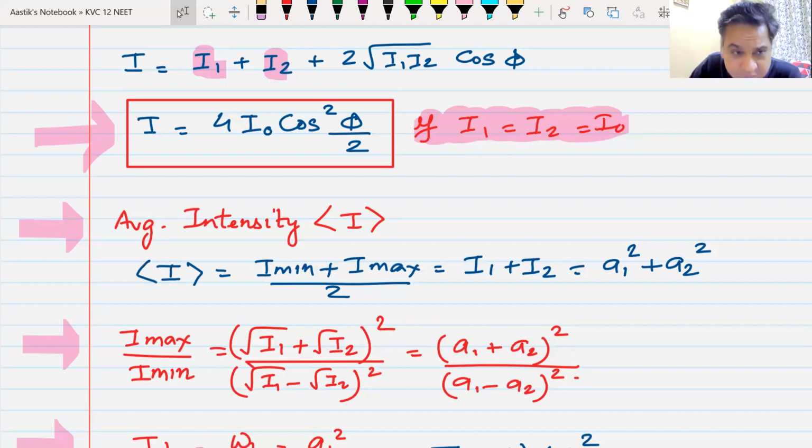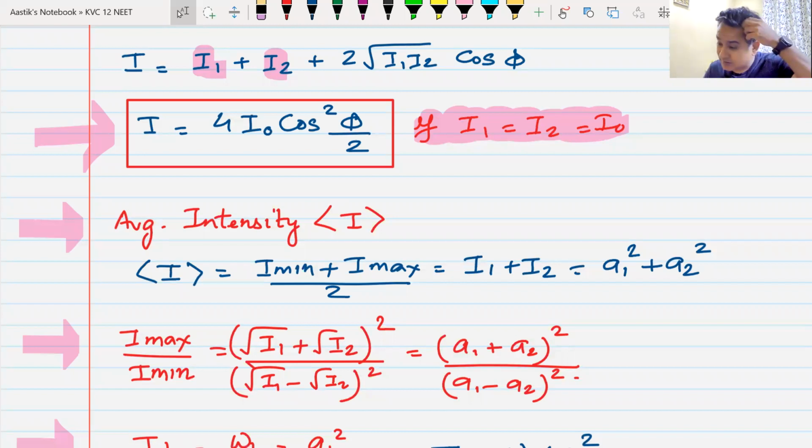Whenever someone utters the word wave optics, the first and the only thing that comes to anyone's mind is what? It's not this. This is wave. What is the first thing that comes to our mind when anyone talks about wave optics?